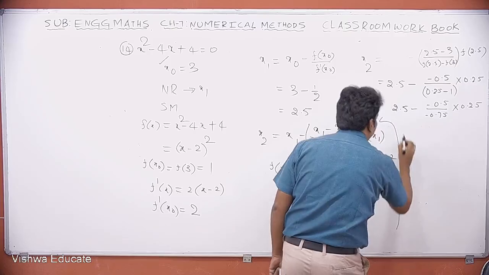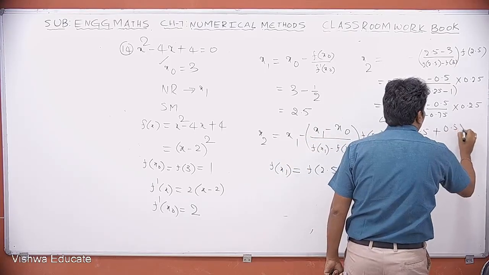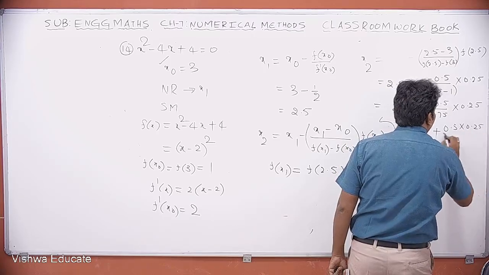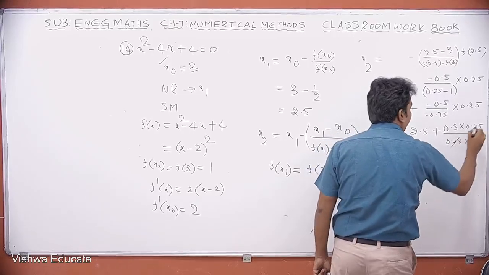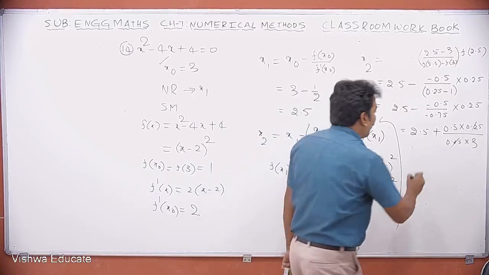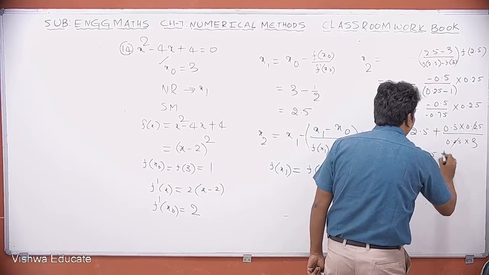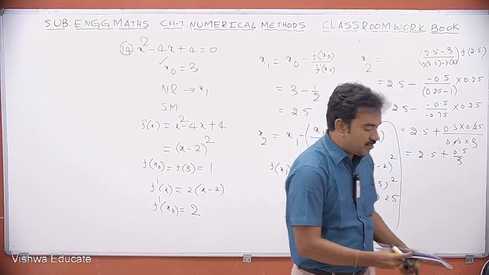Therefore this expression is 2.5 plus 0.5 into 0.25. This I can write as 0.25 into 3. So this and this expression cancel. So we get 2.5 plus 0.5 by 3. Now let us evaluate this.